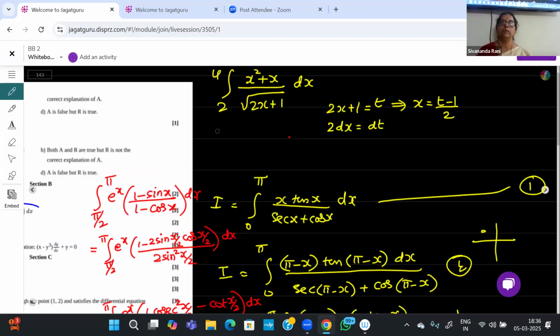Can you try? See what the integral becomes.